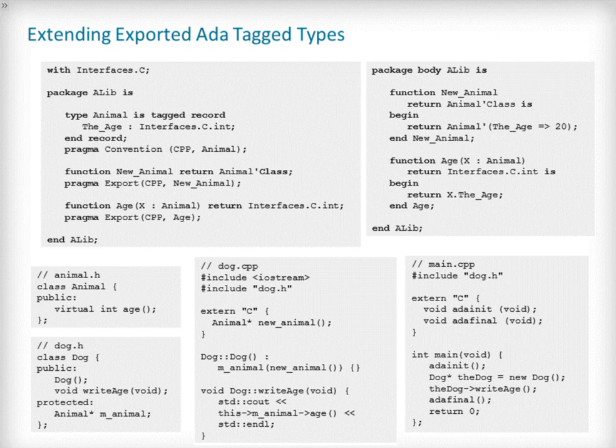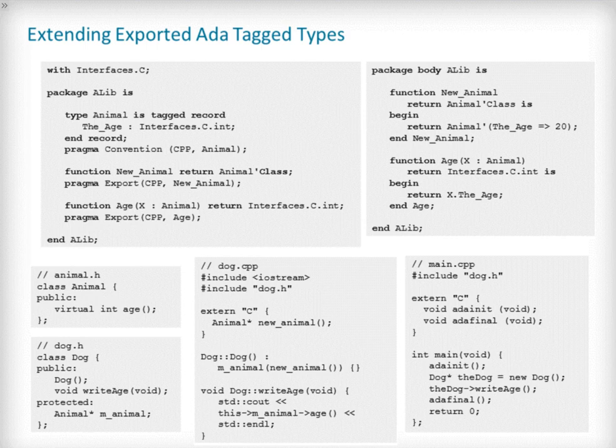It is possible for an exported Ada tagged type to be extended with C++ code. However, this cannot be performed by way of type extension using inheritance. Instead, a method of embedding an instance of the Ada tagged type in C++ classes must be used.